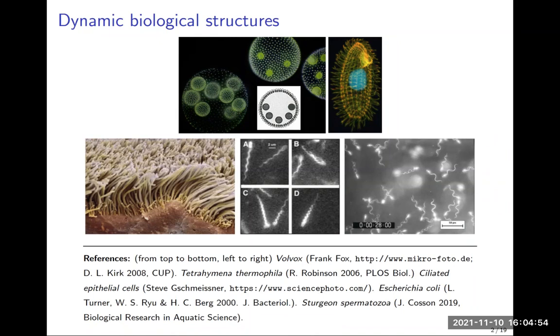And these microorganisms swim quite differently than us or larger organisms, and they really rely on these structures such as cilia and flagella to navigate their surrounding environment efficiently. So my work has been very much on the efficient calculation of the fluid around these structures.